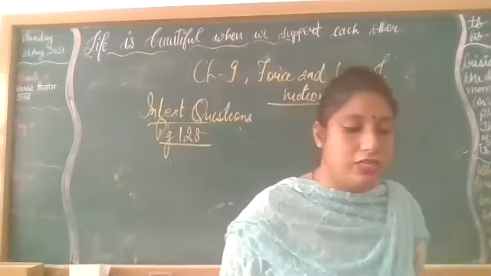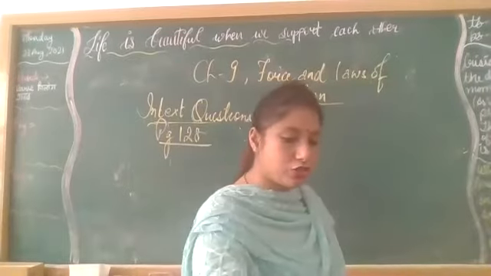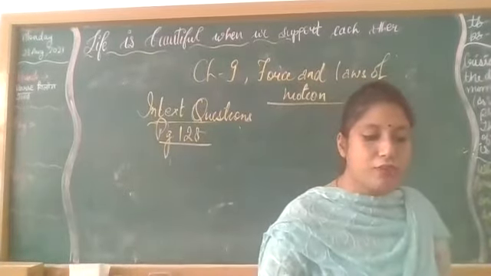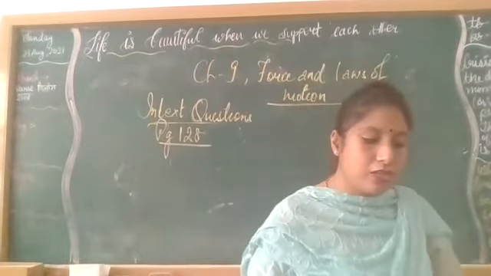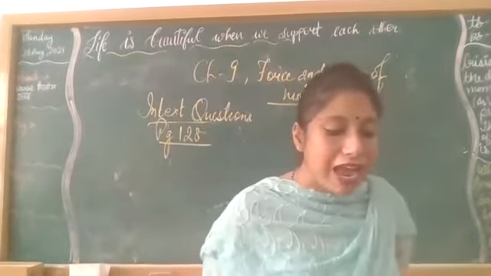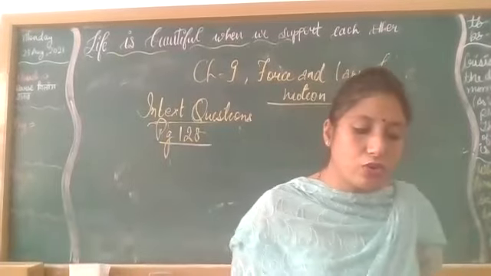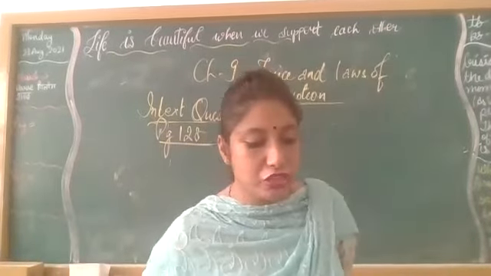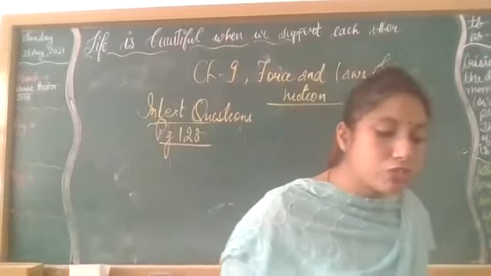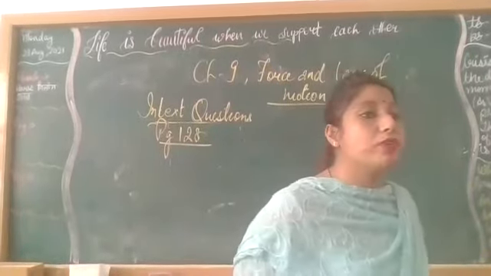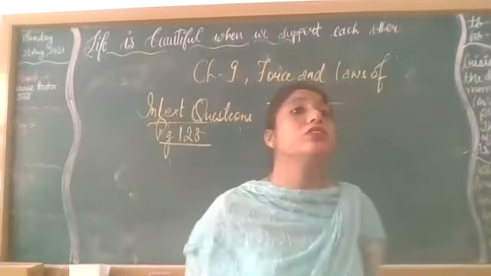Okay, let's move on to the next question. Question number 4, very easy question. A batsman hits a cricket ball which rolls on level ground. After covering a short distance, the ball comes to rest. So when the ball comes to rest, the ball slows to a stop because of friction.